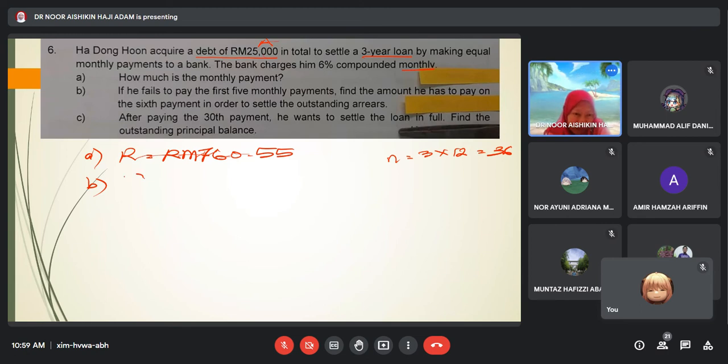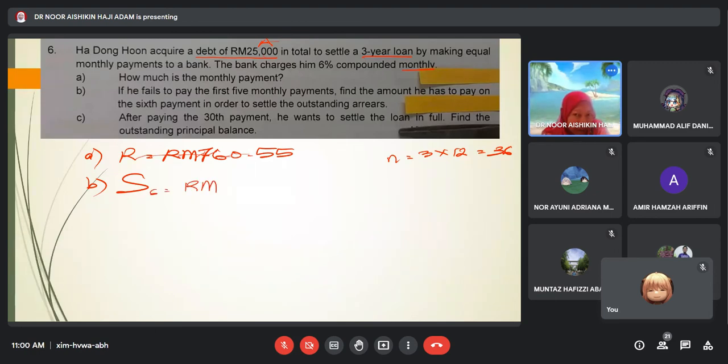So you nak cari S. 36 minus... Bukan S 6 terus ke? Ya, tak payah tolak. S 6 terus. Saya silap. Kalau A tadi boleh kita buat macam ni. Erase. S 6 terus.